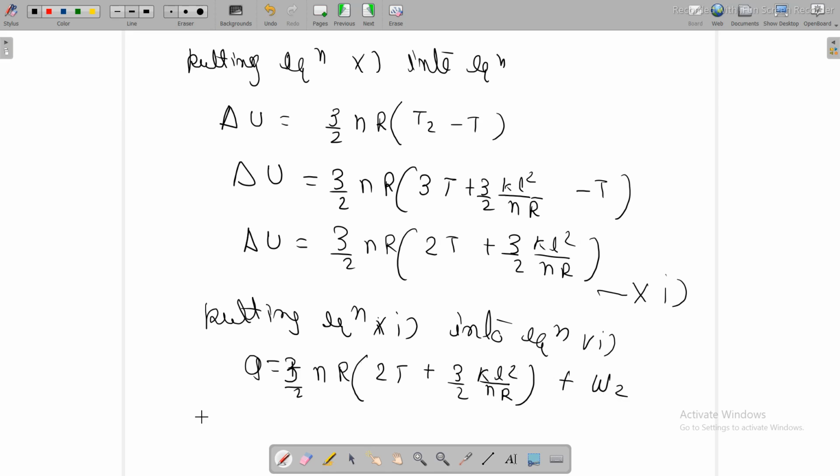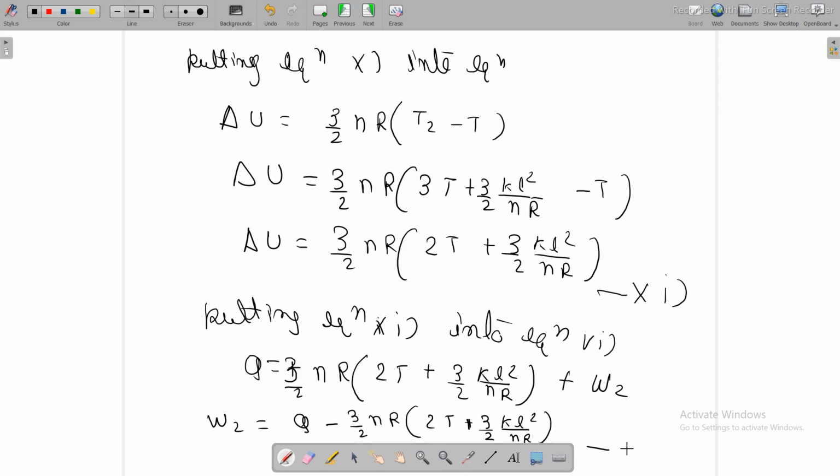So W2 can be calculated as W2 is equal to Q minus 3 by 2 nR into 2T plus 3 by 2 KL square over nR. Let this be equation 12th.